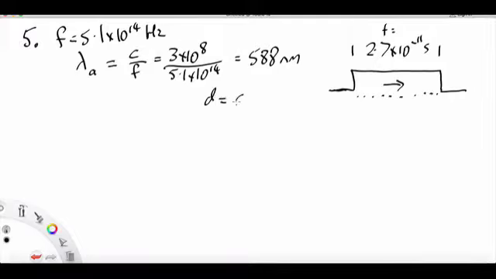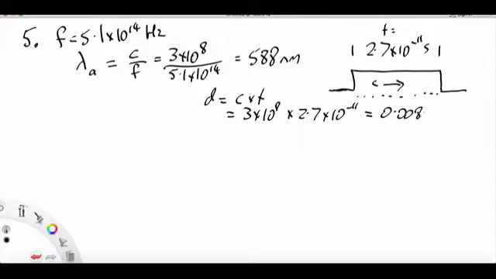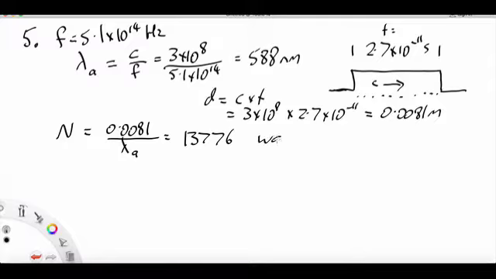The distance it goes is the speed times the time, which is 3 by 10 to the 8 times 2.7 by 10 to the minus 11, and that is 0.0081 meters. So the number is going to be this distance divided by the distance for one wavelength, which is 13776 wavelengths.